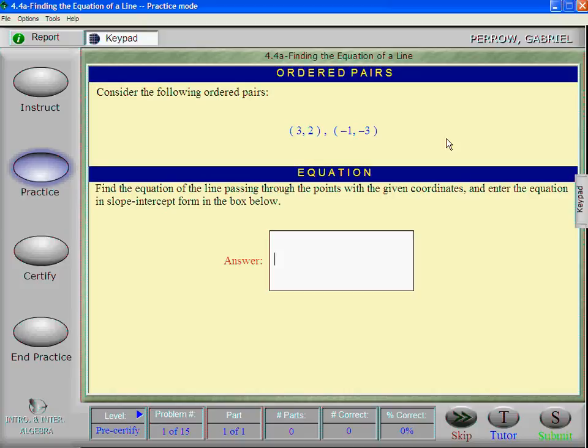What I see as a two-step process in this example is that we need to use these points and find slope like we did in the previous section. And then using slope, we're going to figure out the actual equation for the line by using the point slope formula. That's a mouthful. Just think about part one. Let's find the slope of a line going through these 2 points.